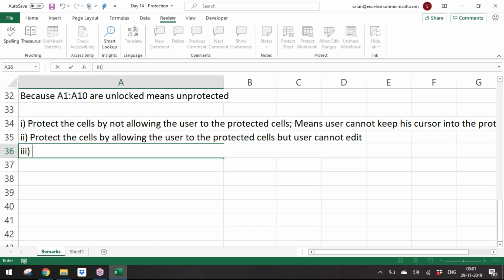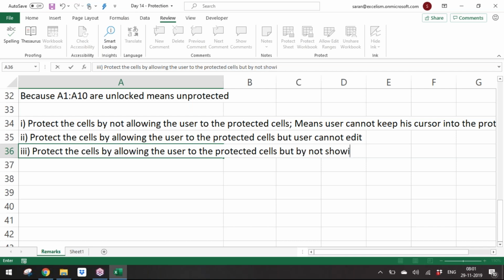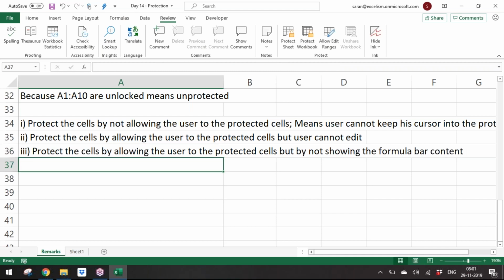Yes. For that, we have an option, the third one. Protect the cells by allowing the user to the protected cells, but by not showing the formula bar content. Okay, this is the meaning of this.